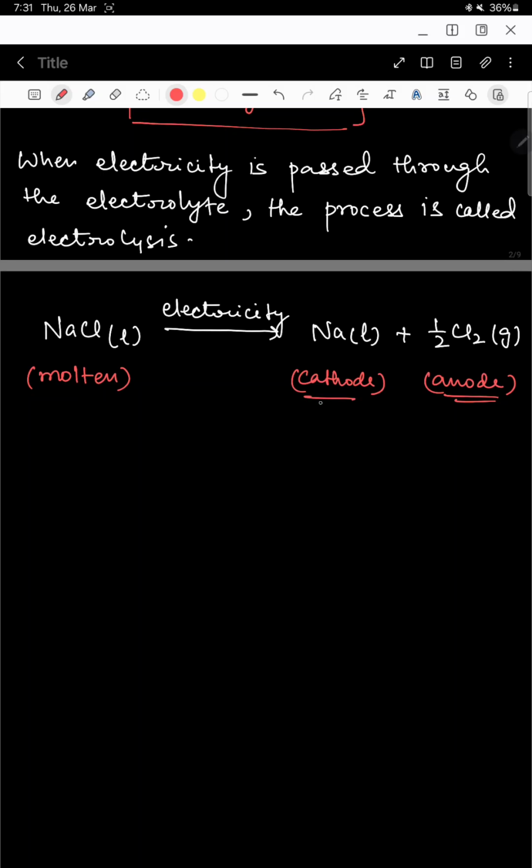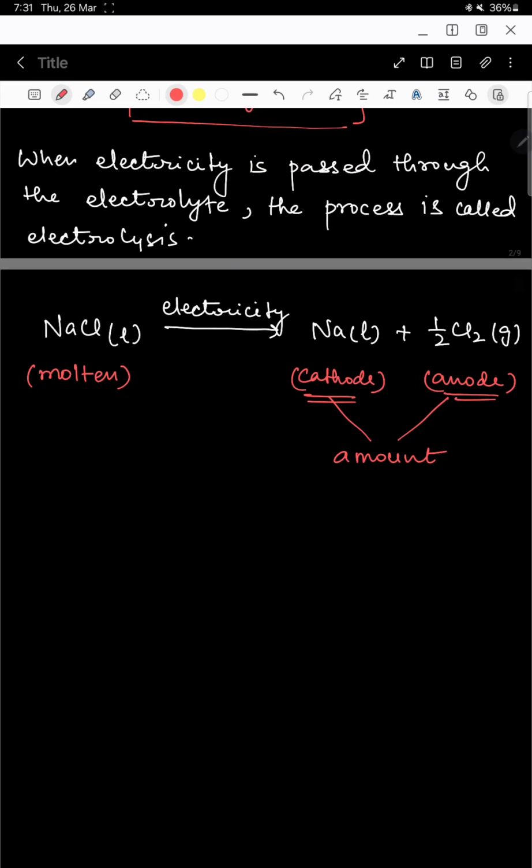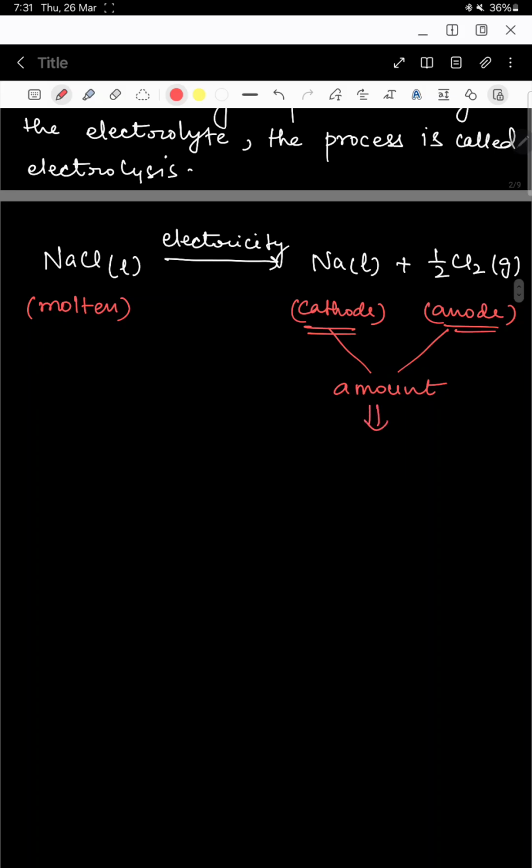Now what is the amount of these two formed at different electrodes? The amount of the substances formed at different electrodes can be determined using Faraday's law. So what is the basic idea behind Faraday's law? Faraday's law is useful for determining the amount of substance formed at different electrodes.